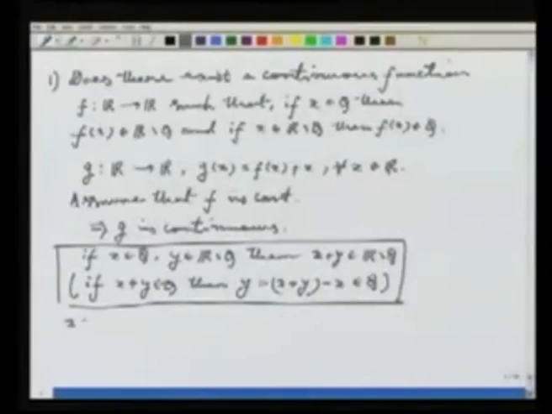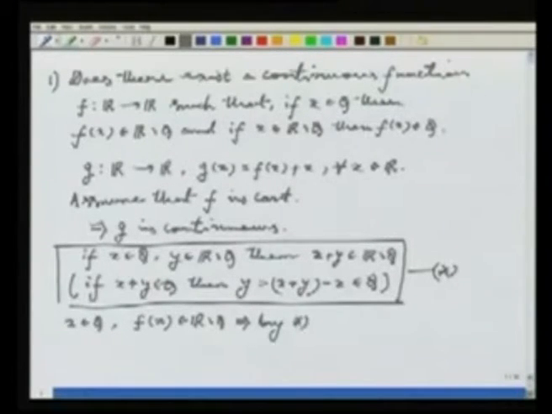Suppose x belongs to Q, then I know by the defining property of f that f(x) belongs to R minus Q. But then this implies, if I call this star, by star, g(x), that equals f(x) plus x, is an irrational number, that means it is in R minus Q. So if x is rational, g(x) is irrational.